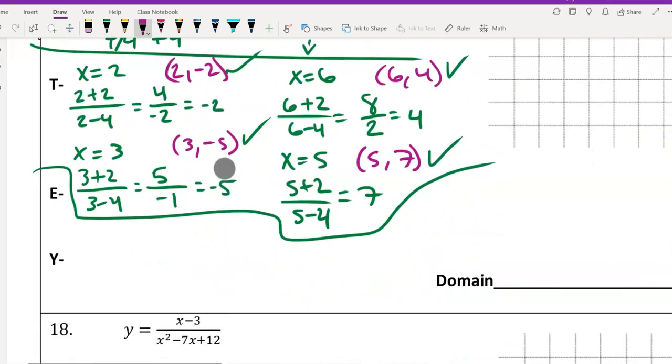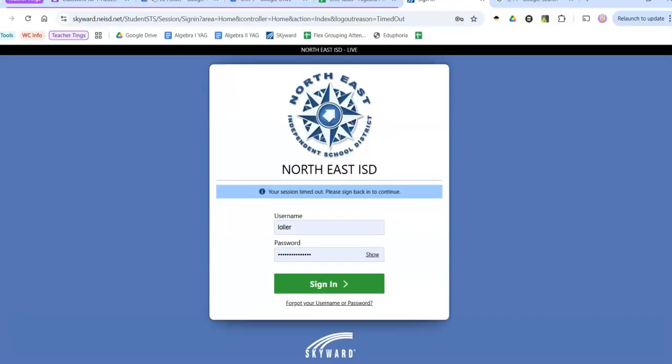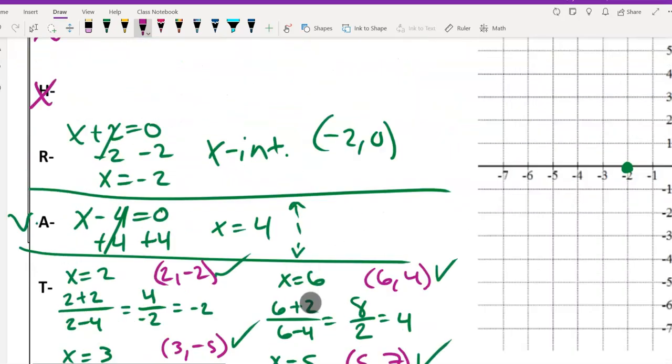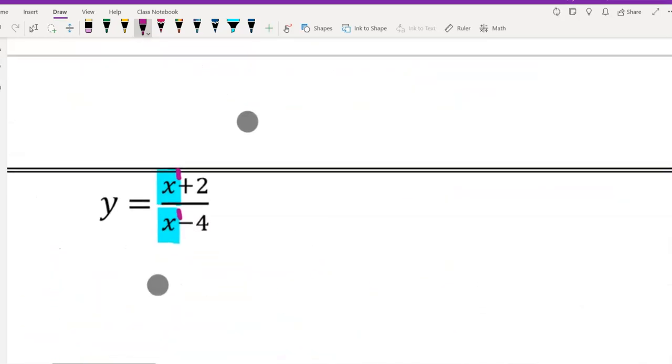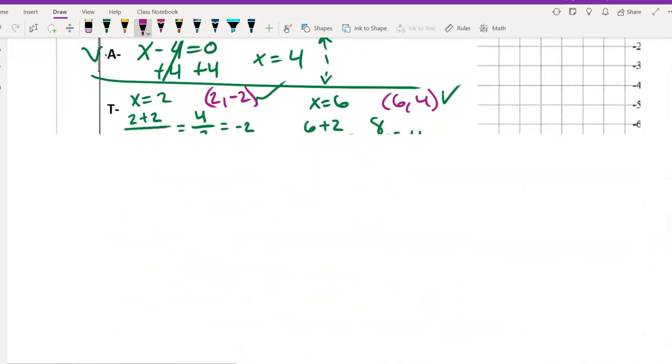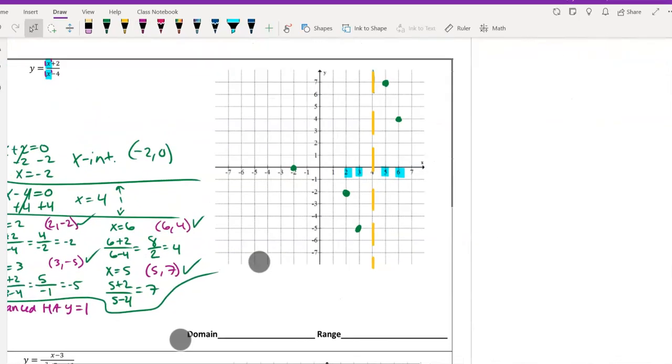And for the E on the acronym, it says balanced horizontal asymptote, y equal to the coefficient. So let's see. What is our coefficient on this x? 1 over 1. So our horizontal asymptote is just at 1. Let's go ahead and draw that line.